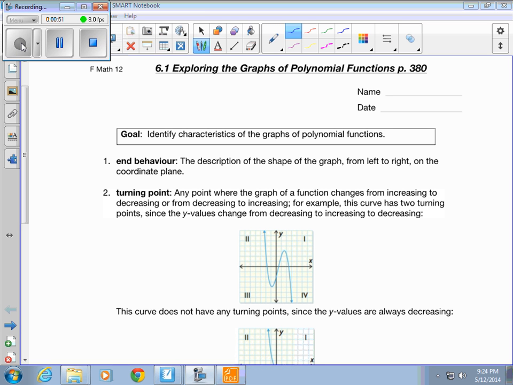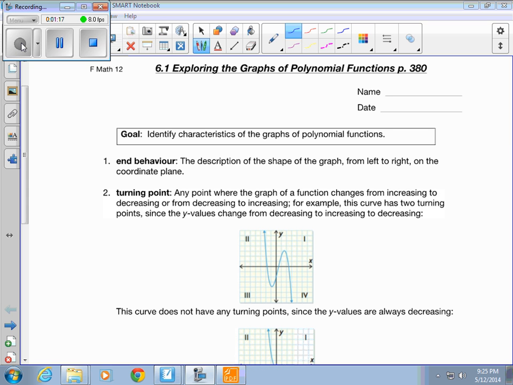That's not quite as specific as you're going to be, but you're always starting from left to right, just like when you're reading across. Or you might say the graph starts in quadrant 3 with negative values for your x's and y's, and then you describe how it ends. So it might end positive in quadrant 1, or it could end positive or negative in quadrant 4.